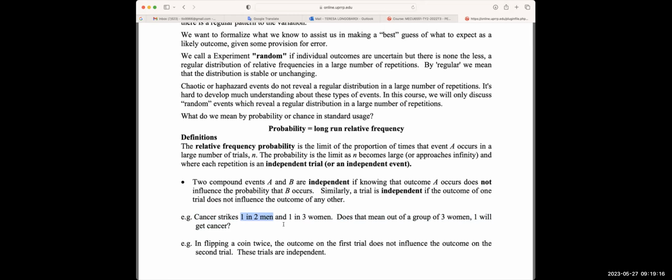So it's really in a population of 100,000, 50,000 men will have cancer in their lifetime. Still sounds horrific, but the point is if you just take 2 men and look at them, one's not necessarily going to get cancer. It doesn't work like that. And similarly for women.